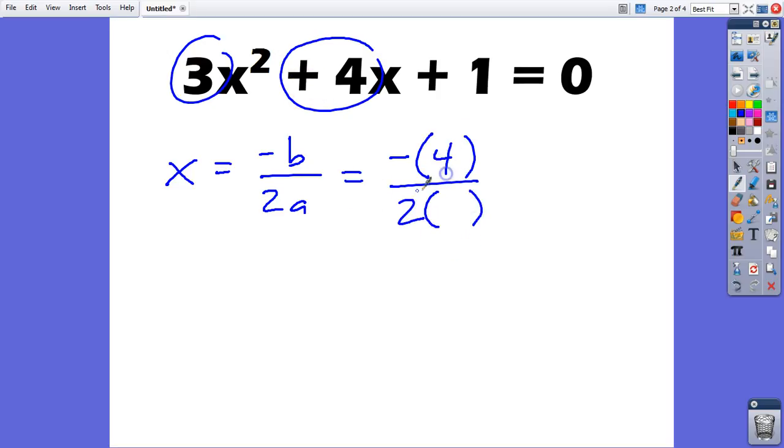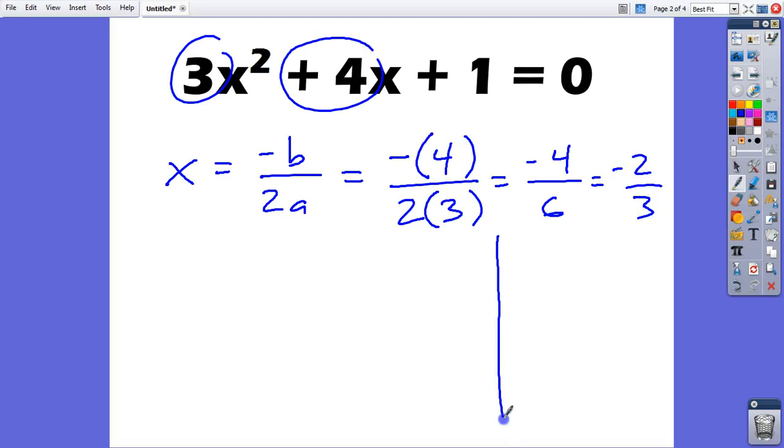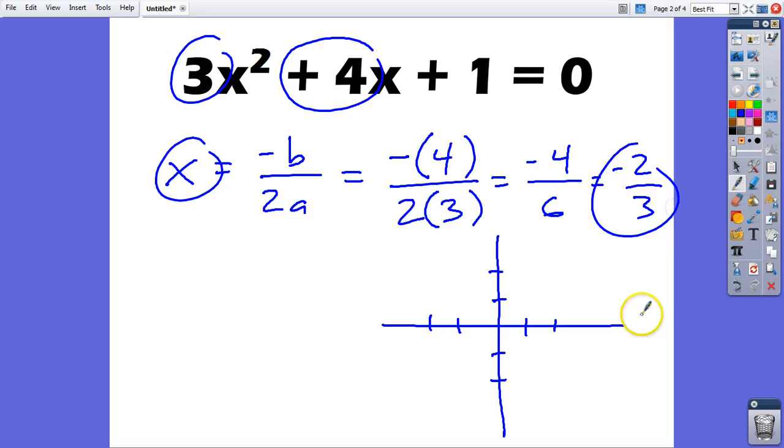B is positive 4, a is 3, and if I simplify that, I get negative 4 over 6, which is negative 2/3. So that means when I get to actually graphing my work, if I were to make a graph, x is negative 2/3. So meaning on the x-axis I find negative 2/3, which would be right about here.